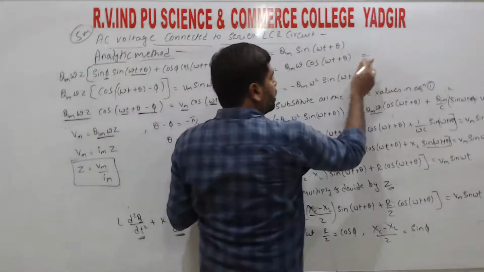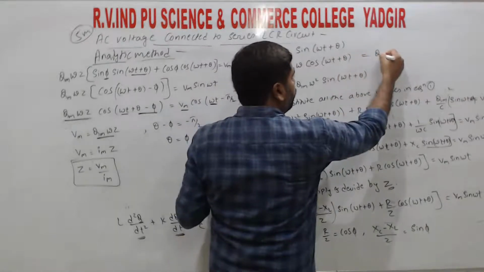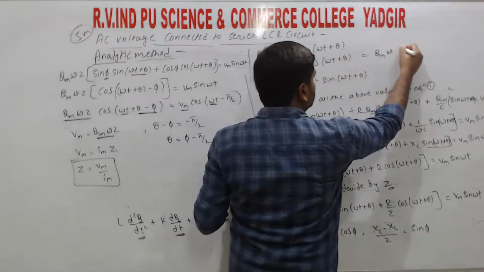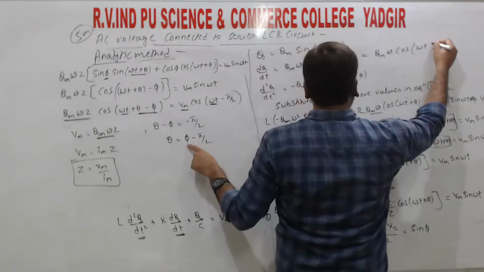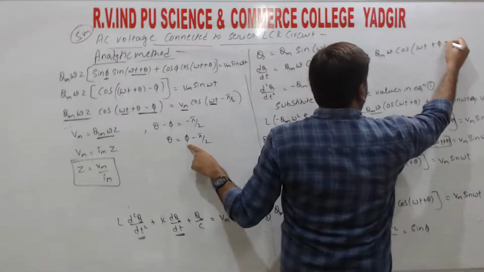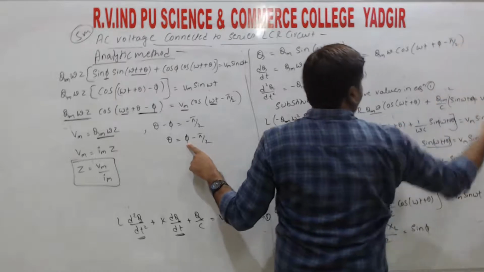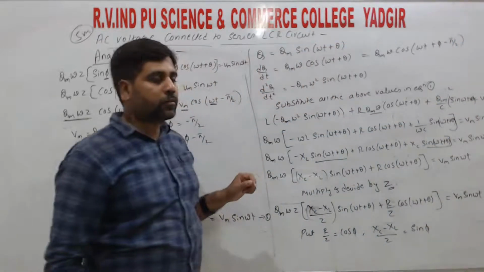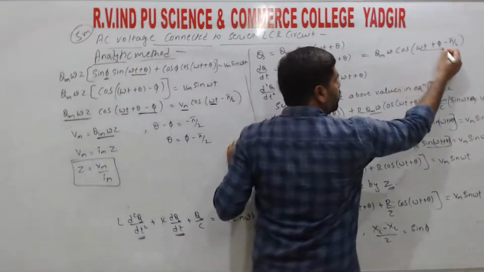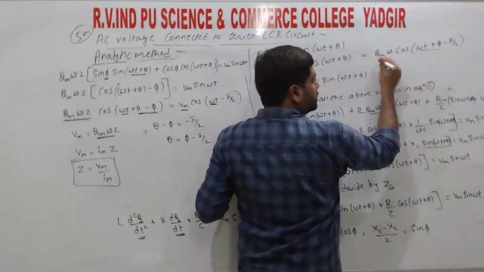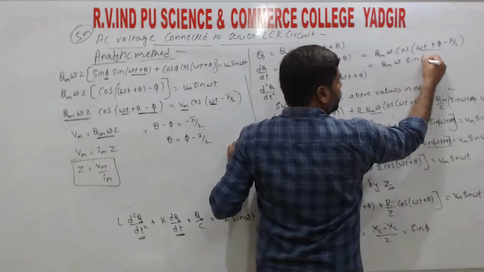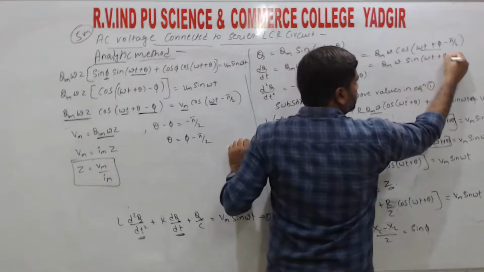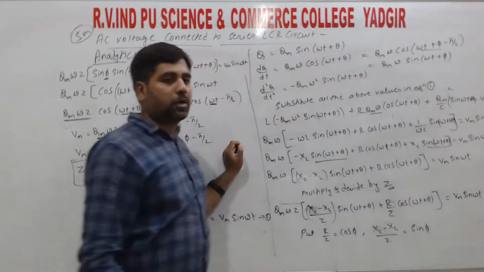So here if we substitute the theta, Qm omega cos of omega t plus phi minus pi by 2, right? So this becomes the whole term cos of pi by 2 minus theta, we can write this one as Qm omega sin of omega t plus phi, right?